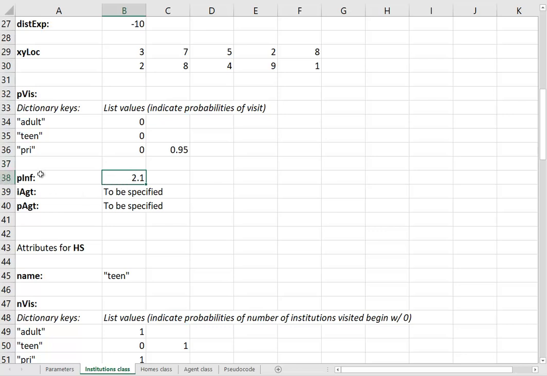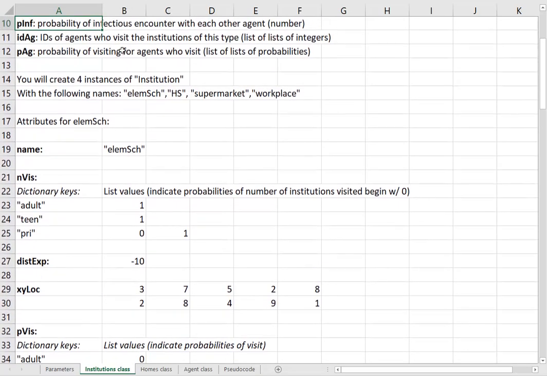Now actually I'm going to change this. I'm going to call this ninf instead of pinf. And I'm going to change the meaning here because this is what I actually mean.